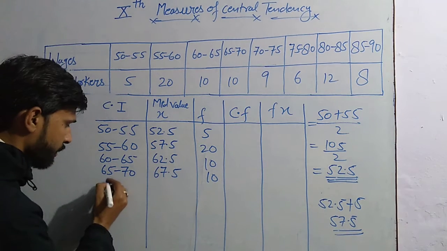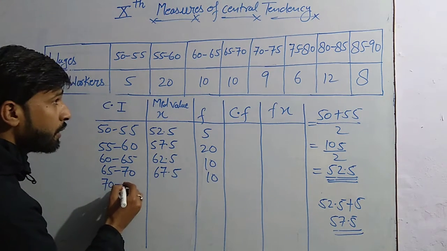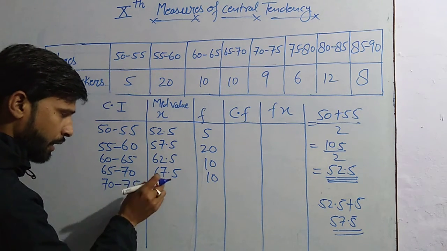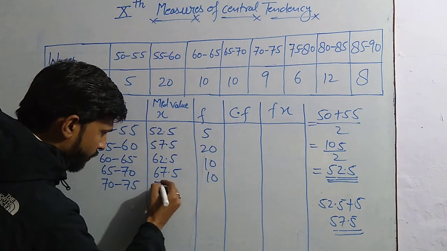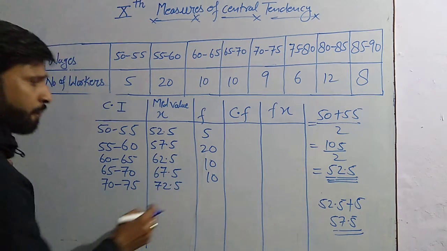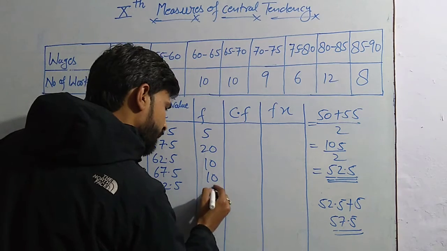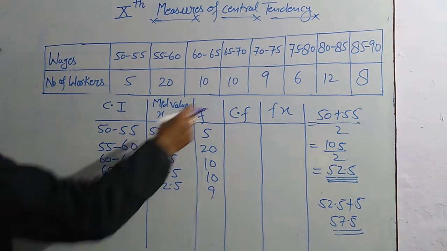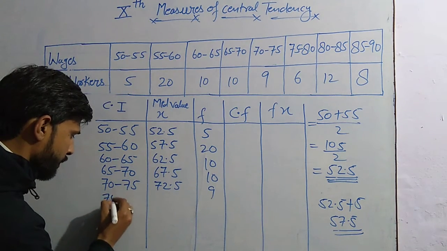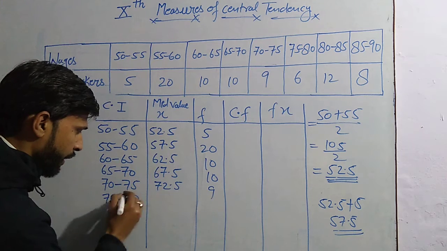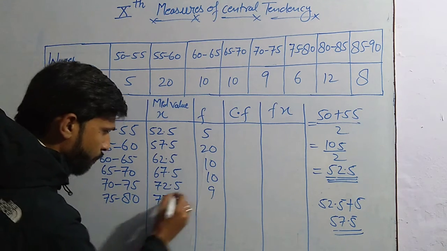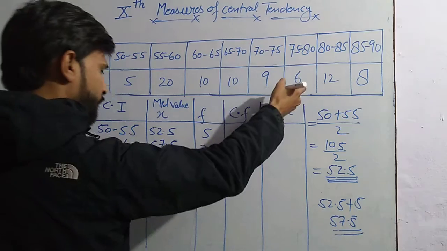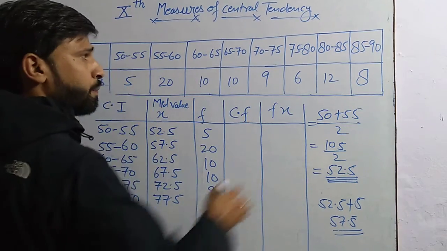Next data is 70 to 75. Again 5 is added, then we get 72.5 and the frequency of this data is 9. Next value is 75 to 80, then we get 77.5 and the frequency of this class is 6.